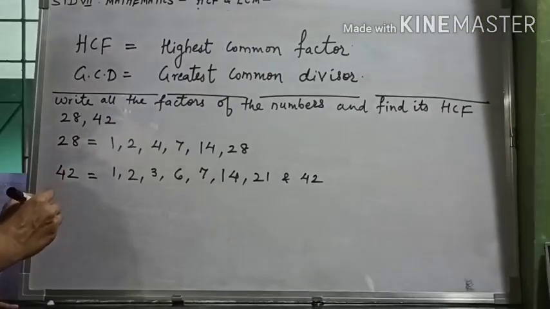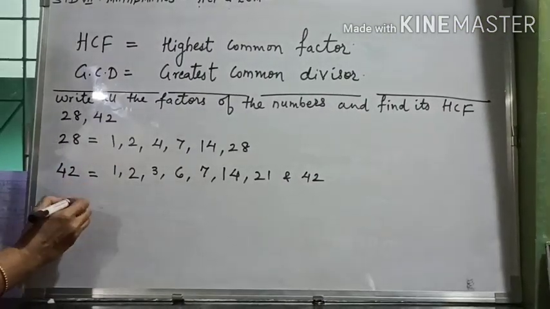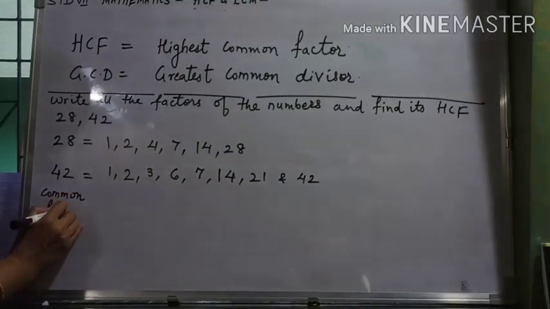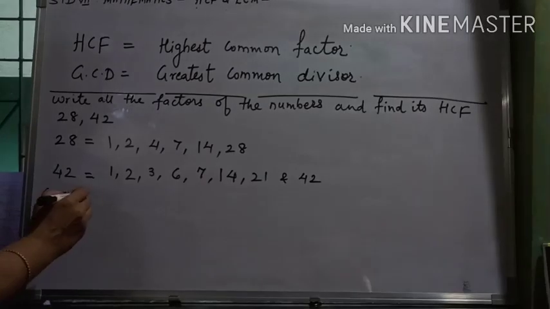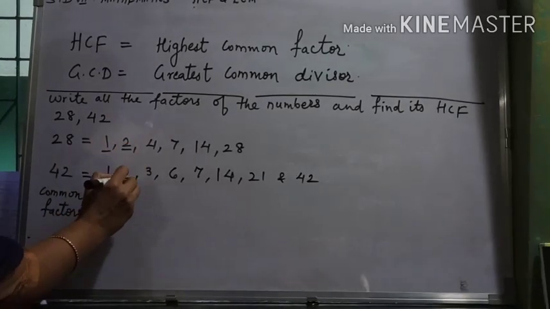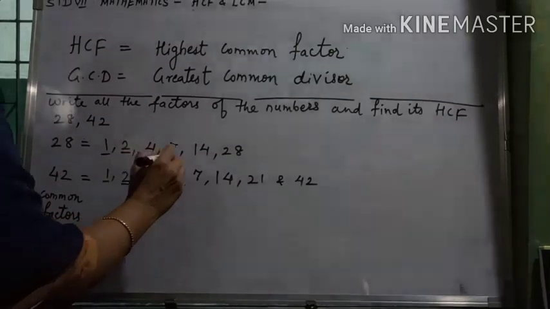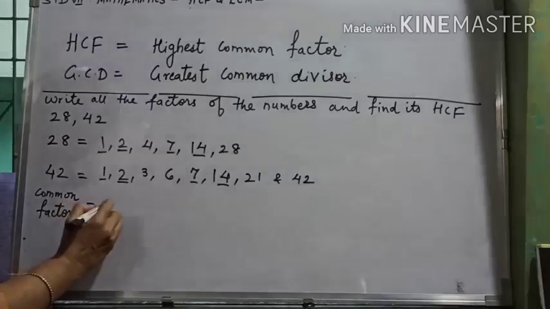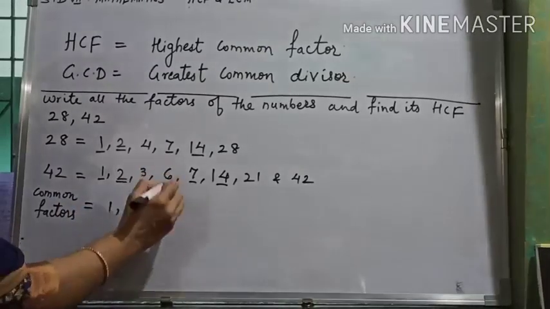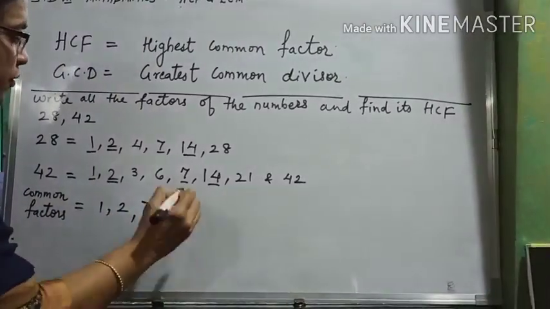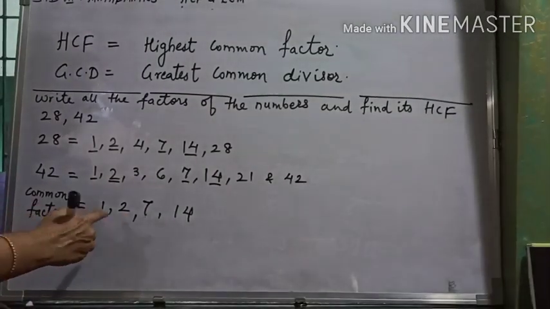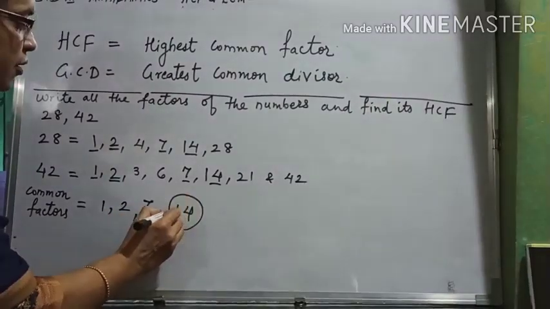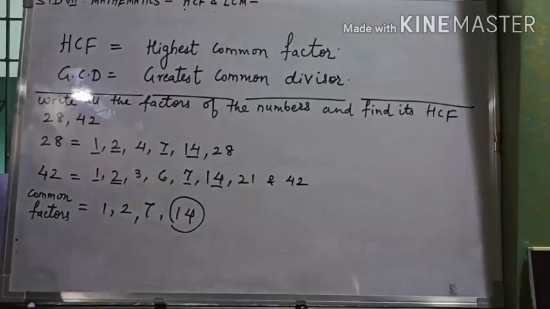So from this we will find out the common factors. Common factors are 1, 2, then 7 and 14. So let us write the common factors 1, 2, 7 and 14. So here, which is the greatest common factor or greatest common divisor? 14 is the greatest common divisor.